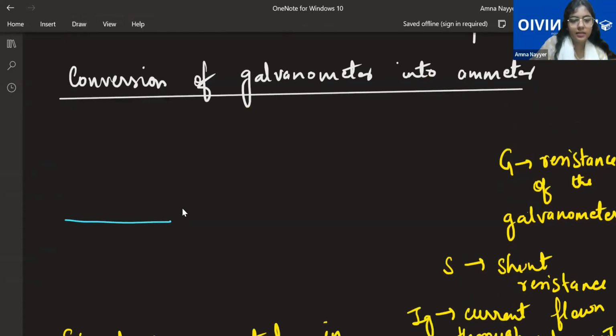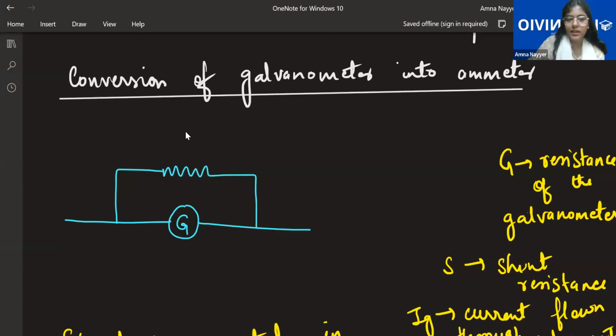This is the galvanometer with its resistance, let's say G. Now, if I connect a resistor in parallel to this, which I am calling the shunt, so that the current can bypass the galvanometer.